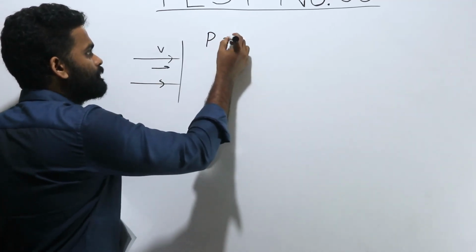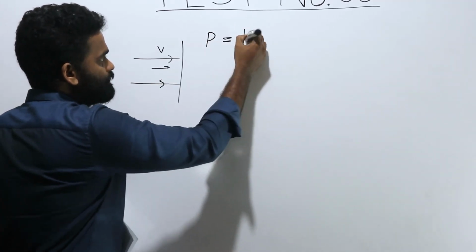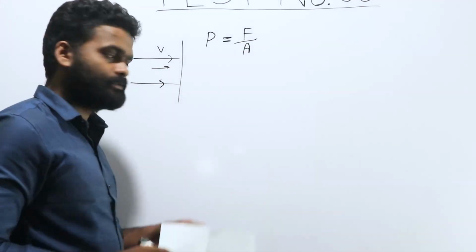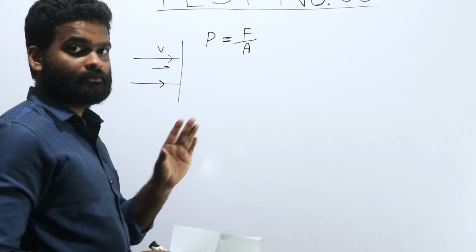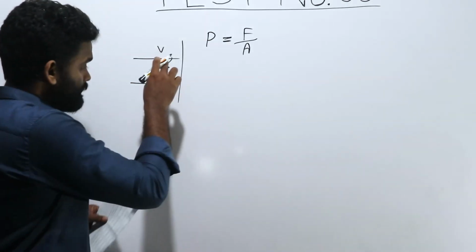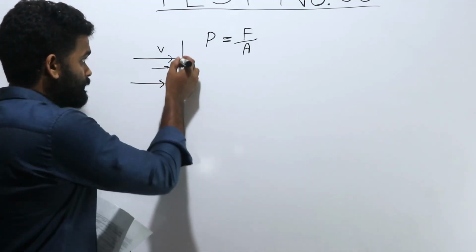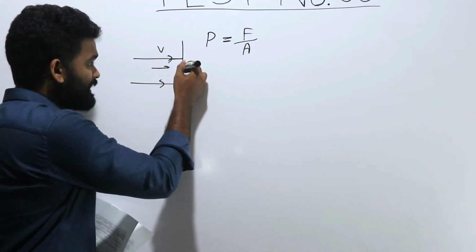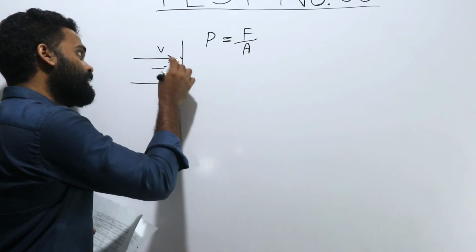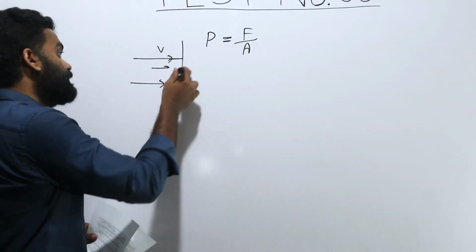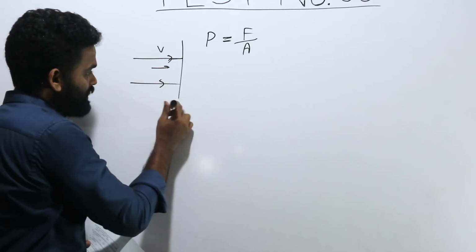Before that, you need to know this: pressure is force divided by the area that it applies. So once it is incident on the wall, they say the speed of liquid becomes 0. So in this case, pressure applied is P.